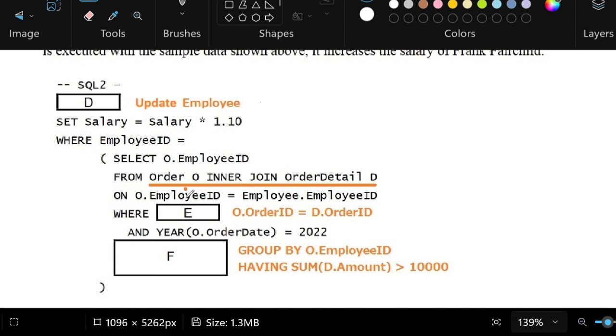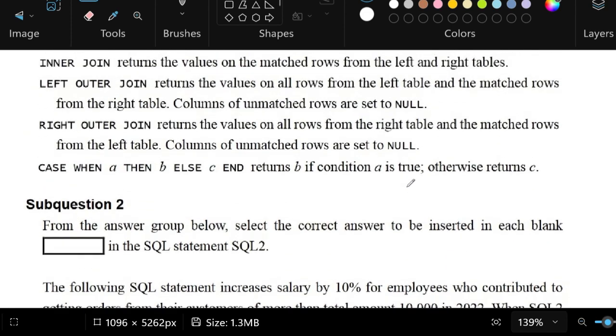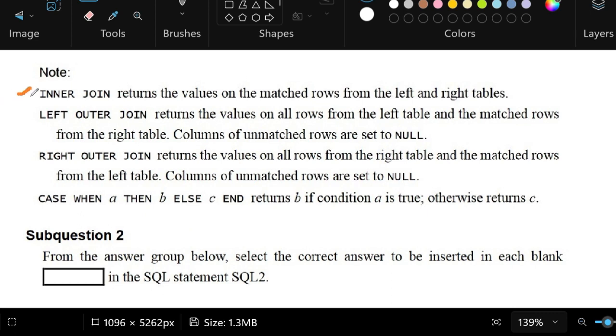Here we have the statement order O, inner join order detail D. What inner join means, based on the explanation here, is that it returns the values on the match rows from left and right tables. Therefore, if the two tables have rows that match, particularly I think we have to emphasize that part, the row, then inner join returns those rows. Otherwise, they're not included.